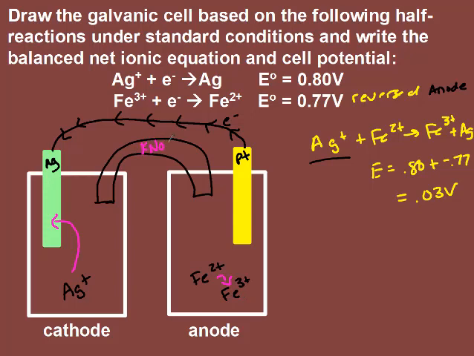In my salt bridge, if I used potassium nitrate, potassium ion should be going towards the cathode since I'm losing positive ions, and nitrate should be going towards the anode since I'm making a more positive ion.